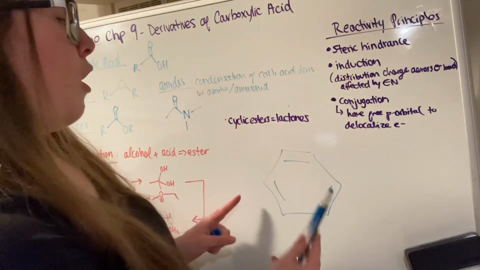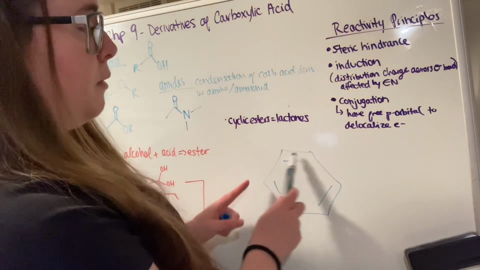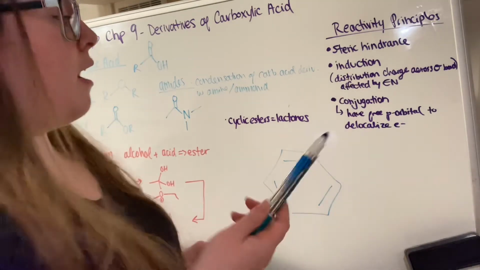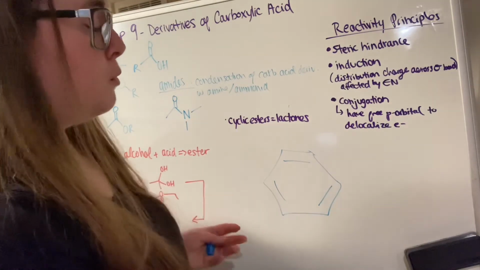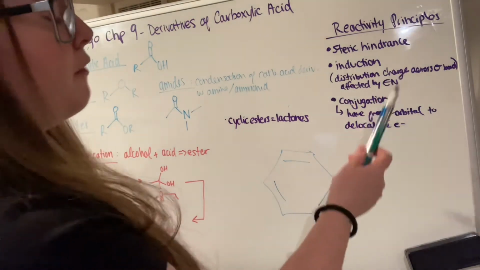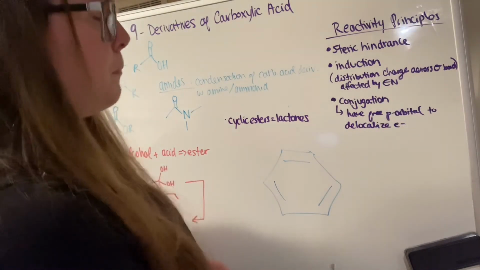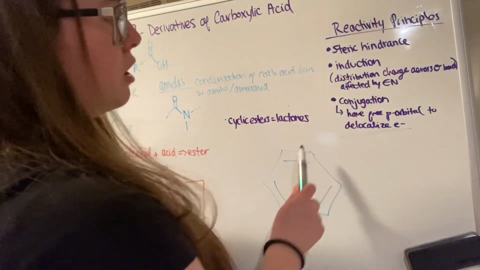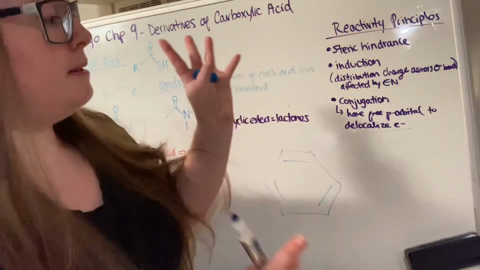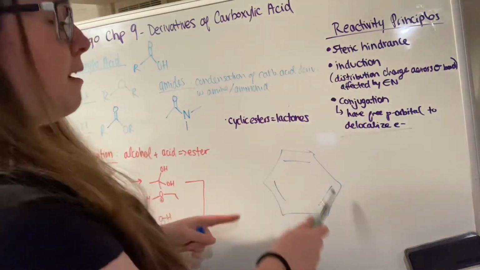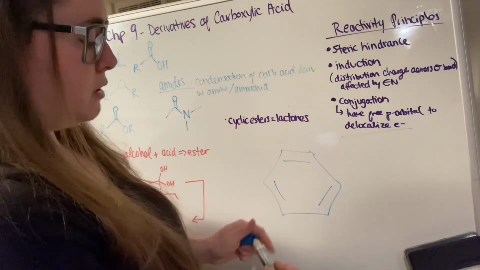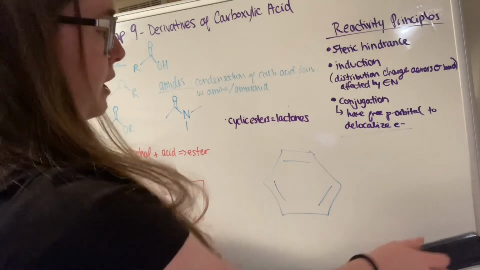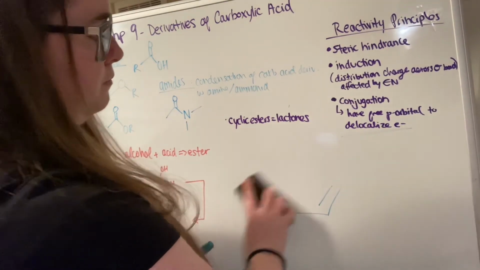And all of these carbons here will have a free p orbital because they are sp or sp2 hybridized, right? So which means they have a free p orbital, which means that space, that orbital, is able to delocalize the electrons and kind of accommodate for those electrons and becomes more stable. So that's why the conjugation of this ring is really important.